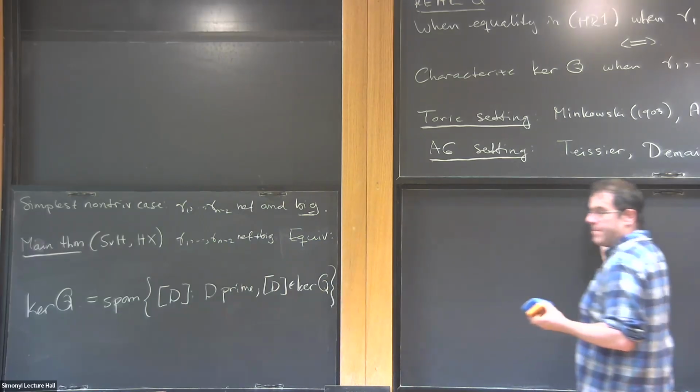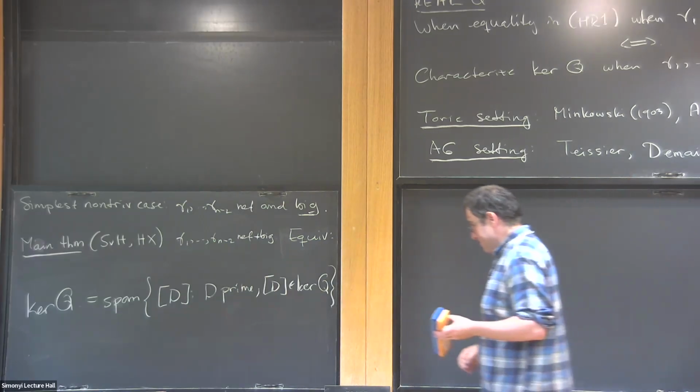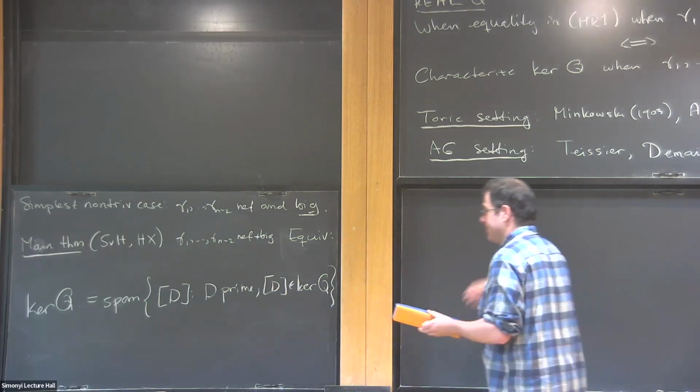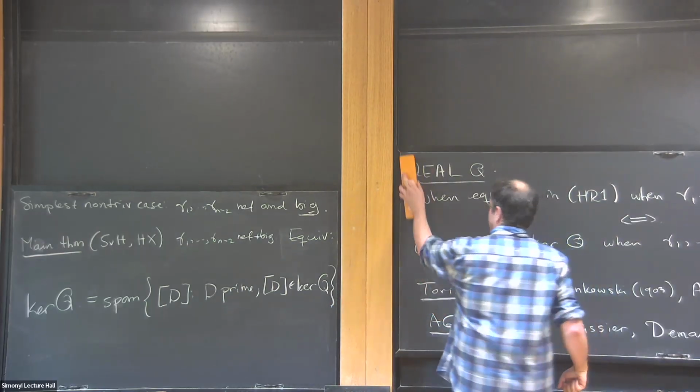How should we read this in the toric setting, for convex polytopes? I will show you. Let me explain it.